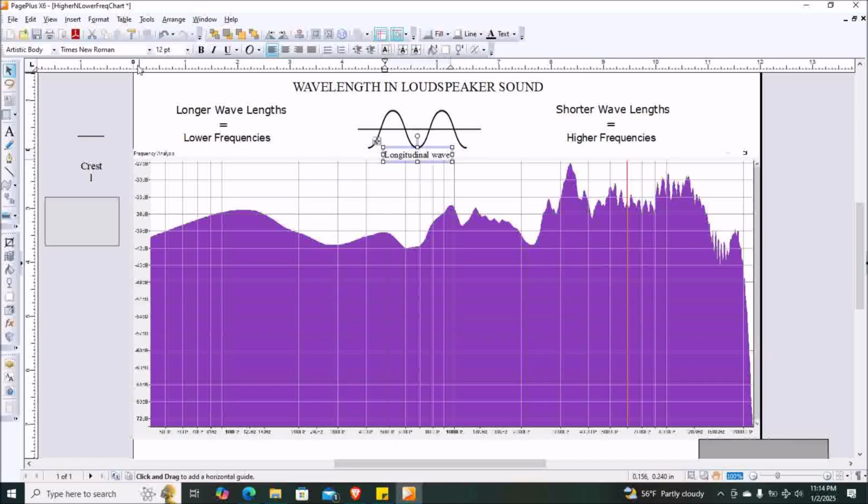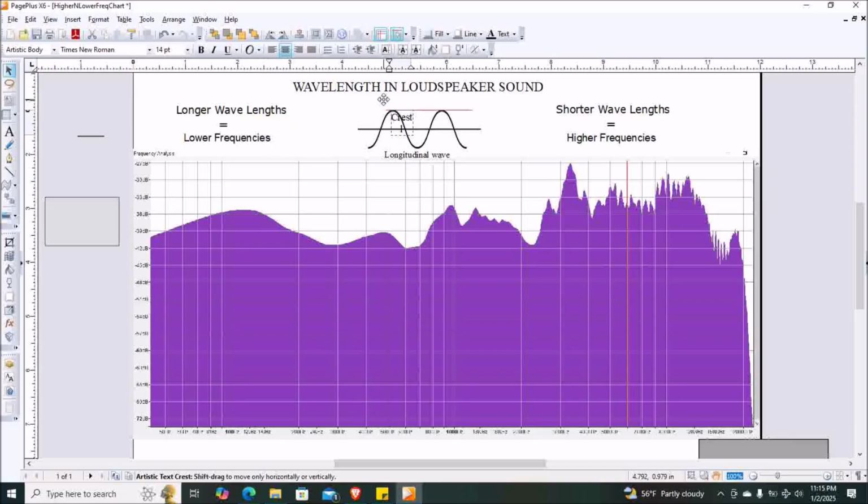A wavelength is the distance between 2 points. For example, right here, this would be a point, and this would be a point also. I usually call them peaks. A lot of people call them peaks, but the professional term would be crest.